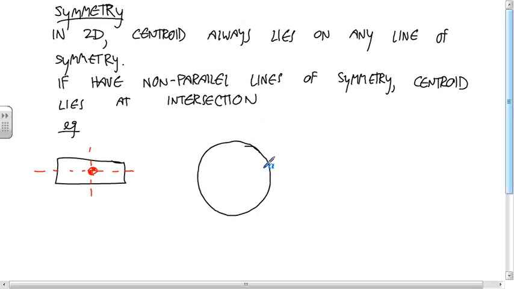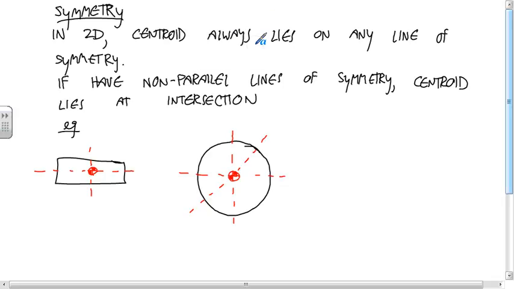A circle has a line of symmetry like this, a line of symmetry like this, infinitely many, but they all go through the center. So take any 2 of those, find where they intersect, and that's the centroid.